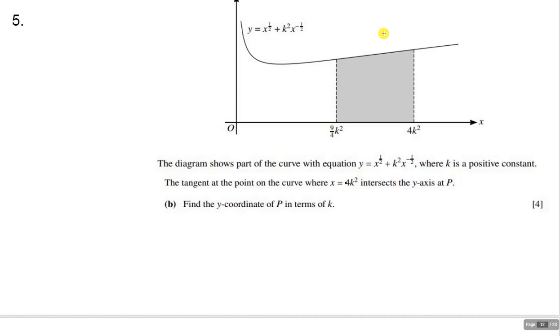All right, so let's go ahead in B here. First, we've got our derivative, which we've already found, but I'm going to rewrite, is equal to 1/2 x to the negative 1/2 minus 1/2 k squared x to the negative 3/2.